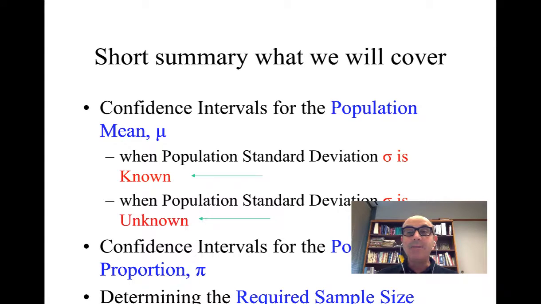We said that confidence interval for the population mean when the population standard deviation is known and unknown. We had two conditions that need to be met in order for us to calculate.